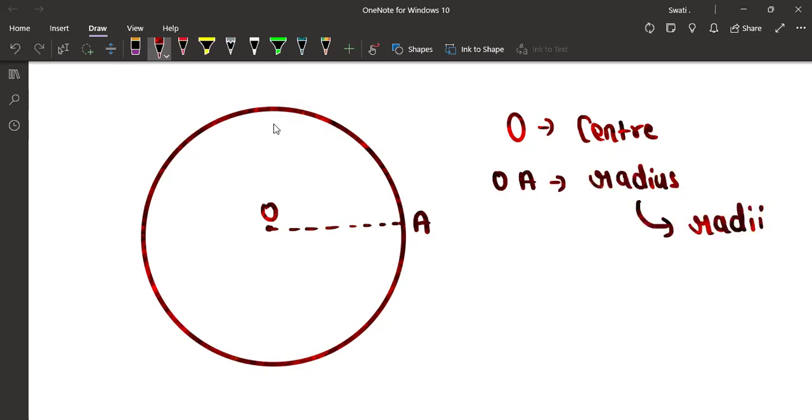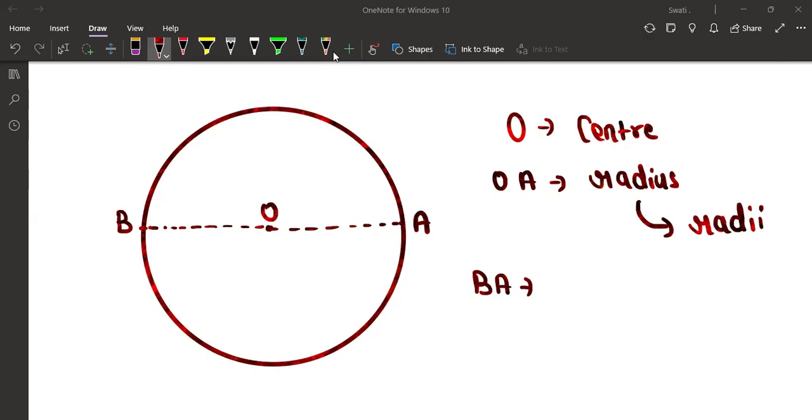This is called the radius. Now if I draw one radius exactly opposite to the radius that I had drawn, it will become BA. Now, what is BA called?